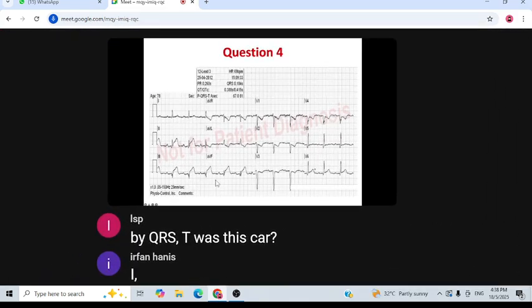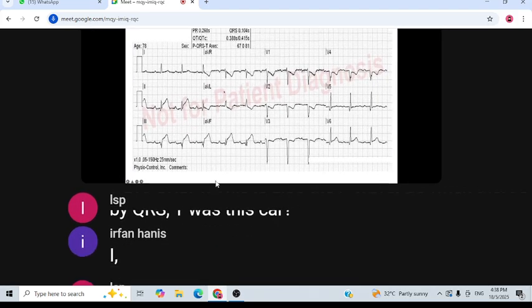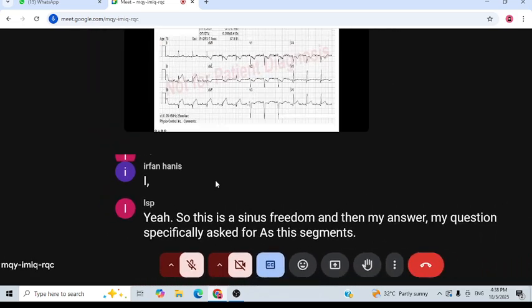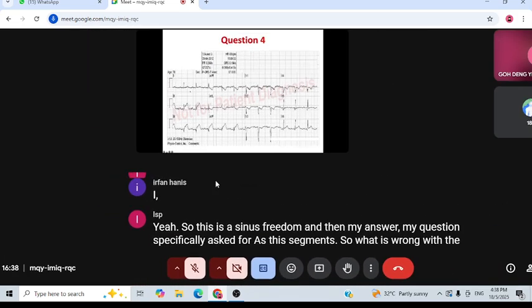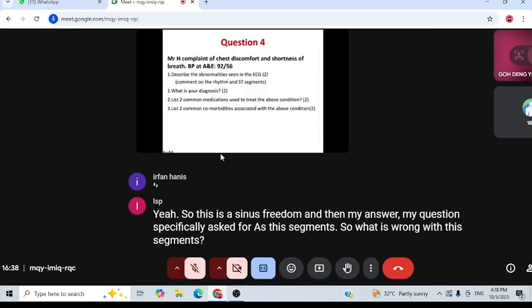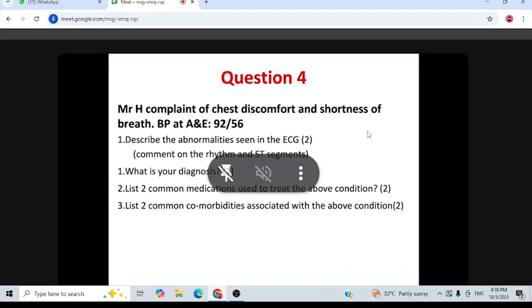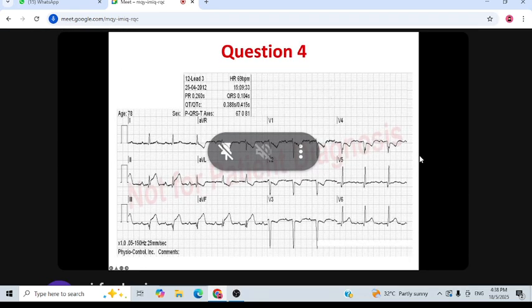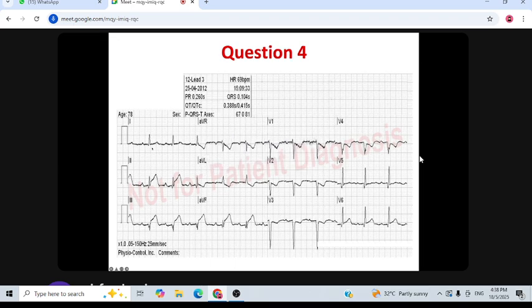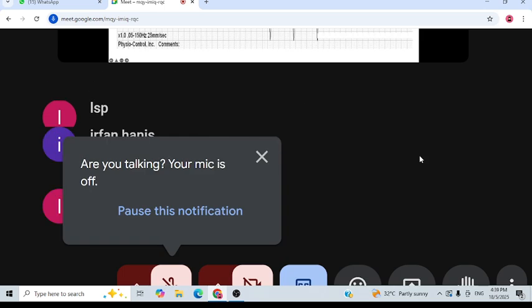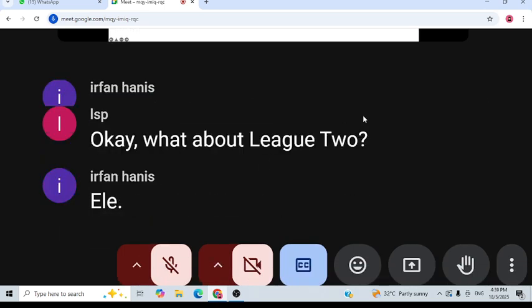My question specifically asks for the ST segments. So what is wrong with the ST segments? The rhythm is sinus rhythm. What about the ST segment? In lead 1, is it normal or not? Normal. What about lead 2? Elevation.